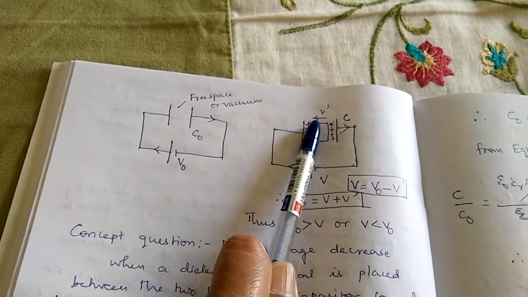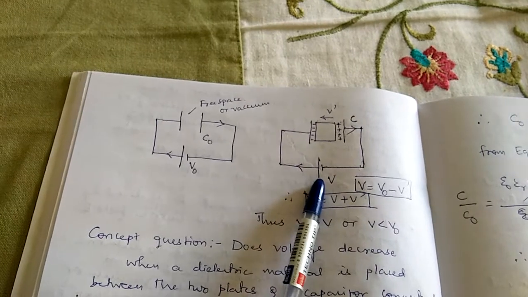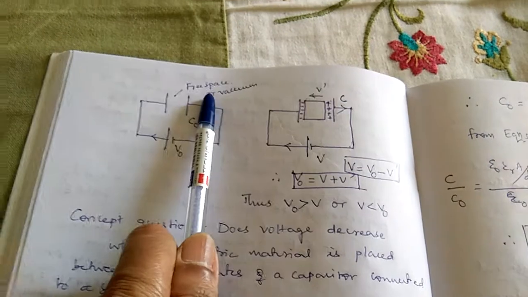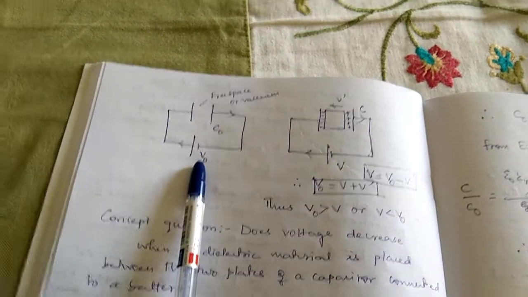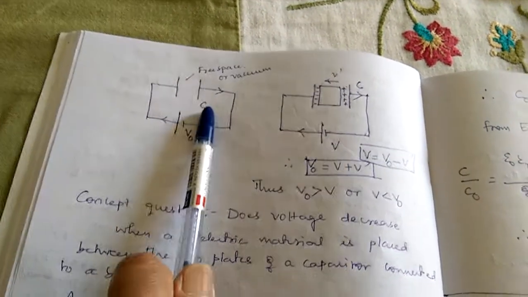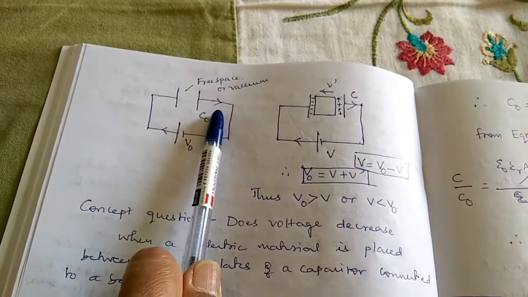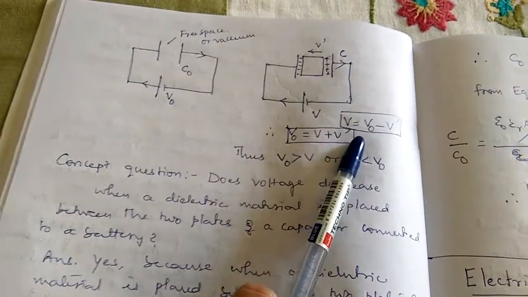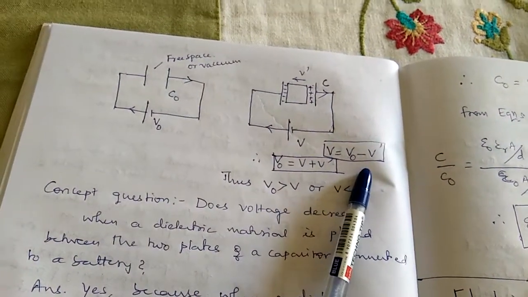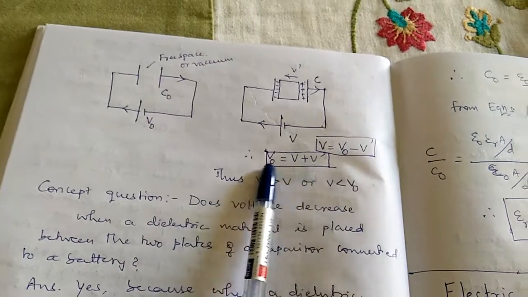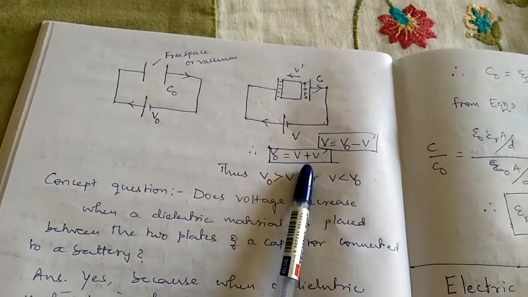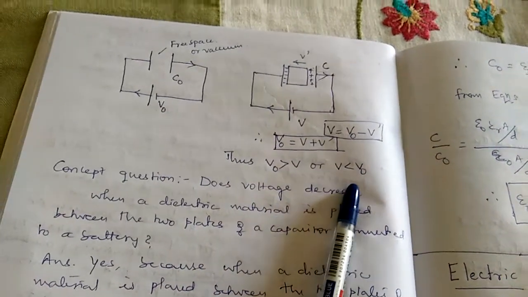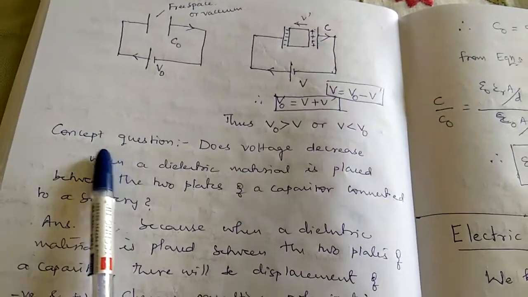We have taken that voltage as V dash, and this as V. So when there is no dielectric material, or a free space or vacuum, let us consider this voltage as V naught and the capacitance of the capacitor as C naught, and here it is C and V. So we know that V is equal to V naught minus V dash. Therefore, V naught is equal to V plus V dash. Thus, V naught is greater than V, or V is less than V naught.